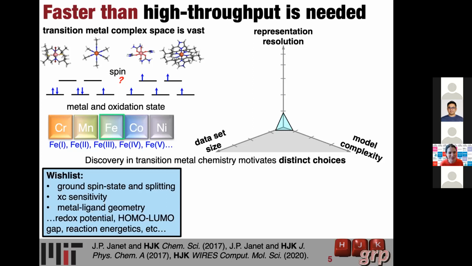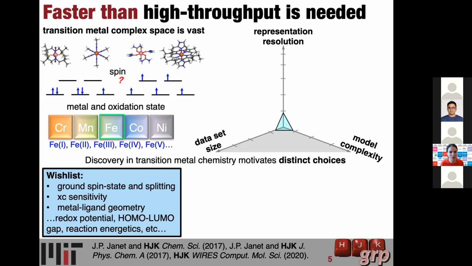And I said, absolutely. I'd like you to predict the quantum mechanical ground state spin of a transition metal complex. And I'd like you to predict the spin splitting between that ground state and the next lowest state. And because I know we're going to use DFT training data, this is a property that would be hard to access experimentally as well.